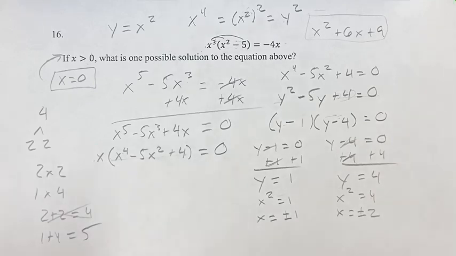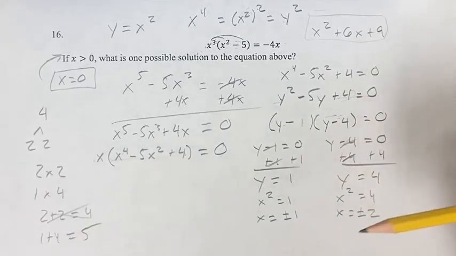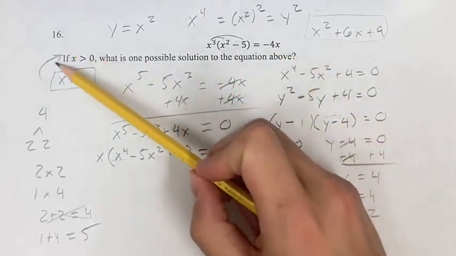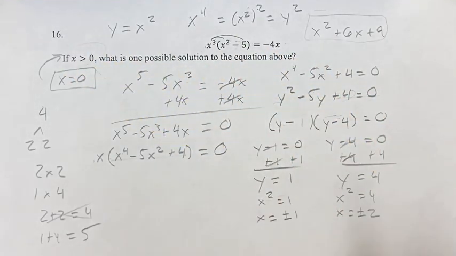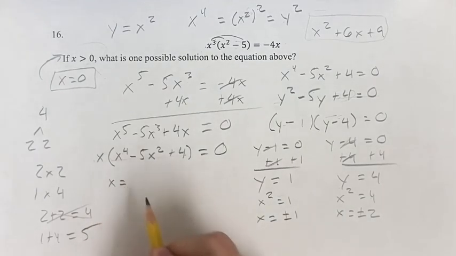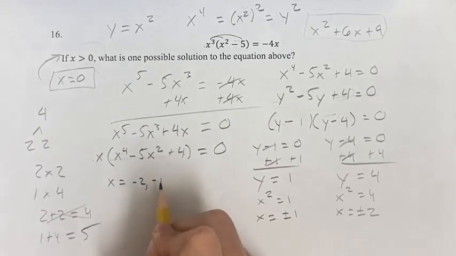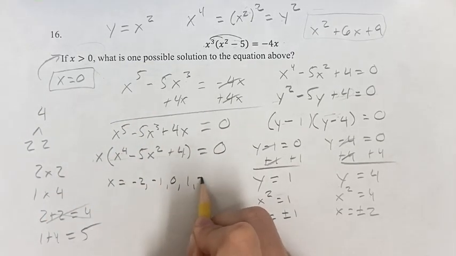So these are our possible solutions. Let's just write them all out. X is equal to, in increasing order, we have -2, -1, 0, 1, and 2.